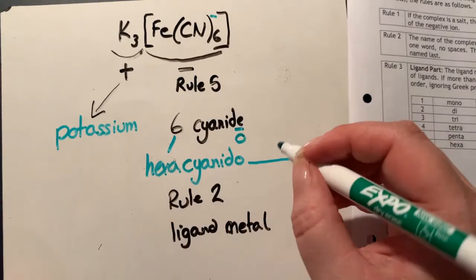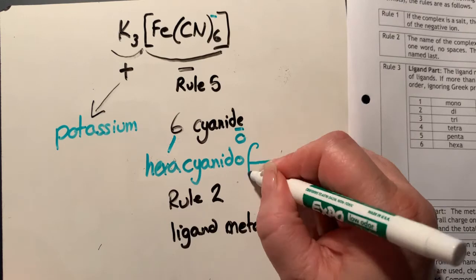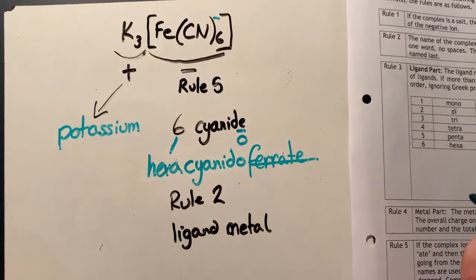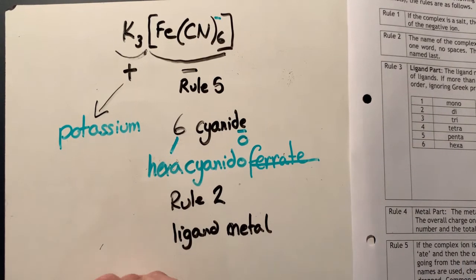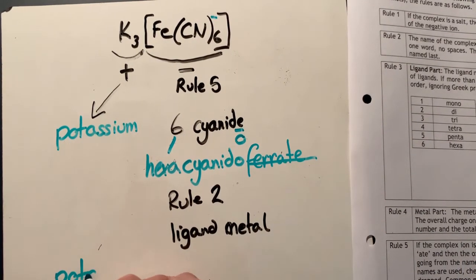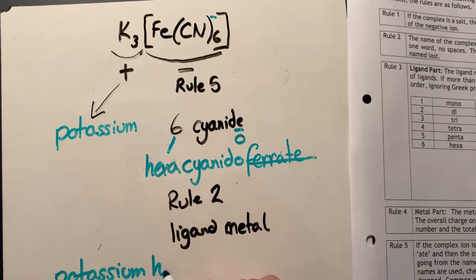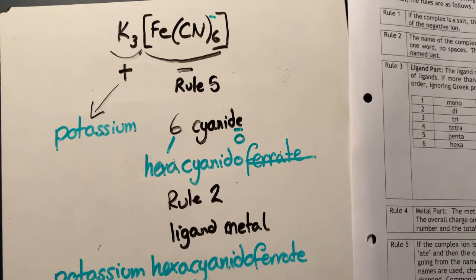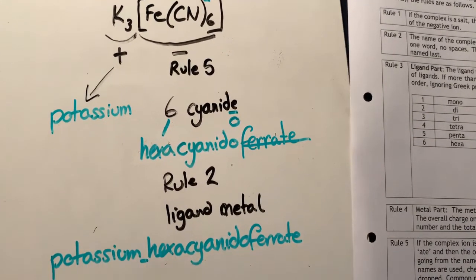So our Fe for iron is going to turn into ferrate. So we've now got potassium, hexacyanido, ferrate, and in all of that there's only one space, which is there, although I didn't make it very big.